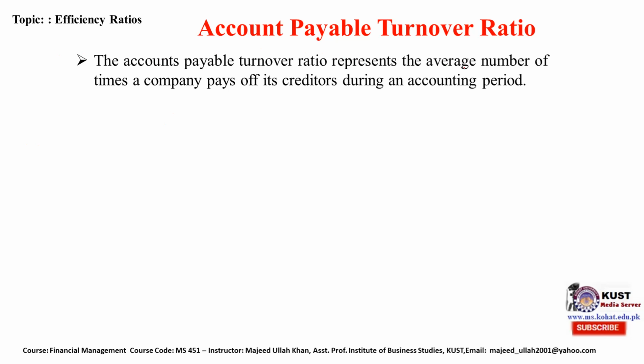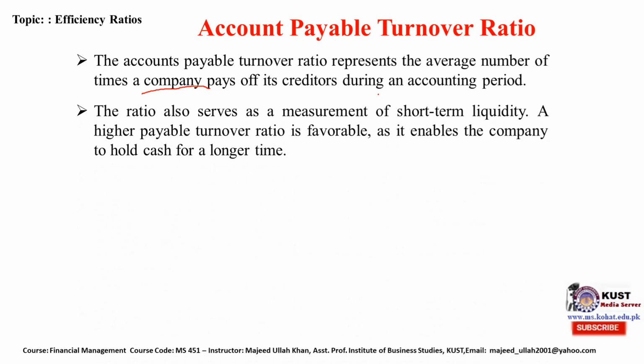It represents the average number of times that the company pays off its creditors during the accounting period. The ratio also serves as a measurement of short-term liquidity. A higher payable turnover ratio is favorable. It enables the company to hold cash for a longer time period.